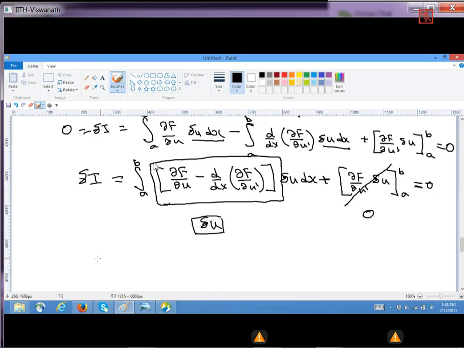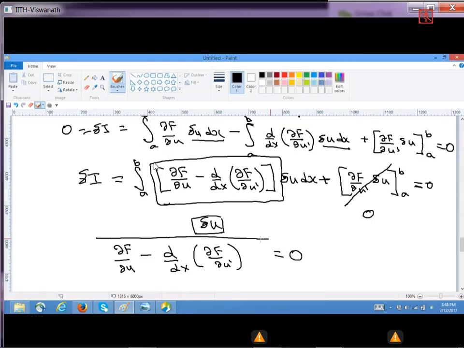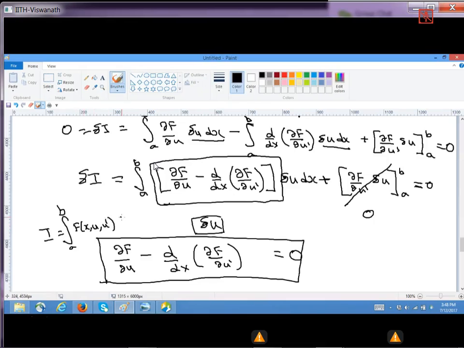So that means ∂f/∂u minus d by dx of ∂f/∂u' has to be equal to 0. And this is the condition of stationary for the I, which is defined as integral of a to b f of x, u, u' dx.